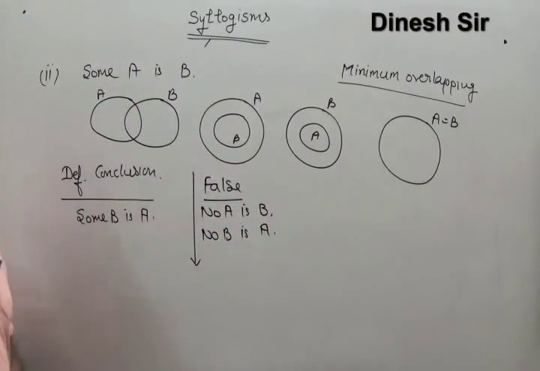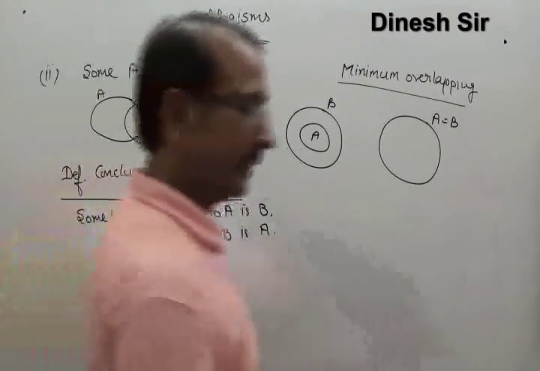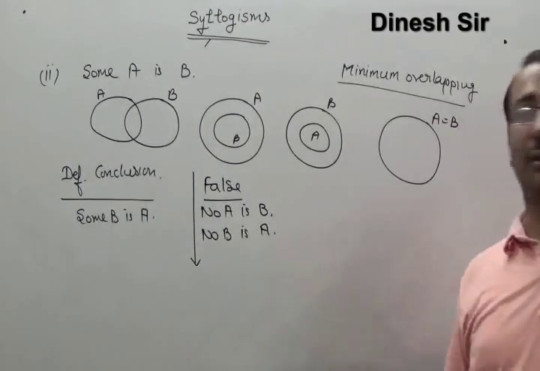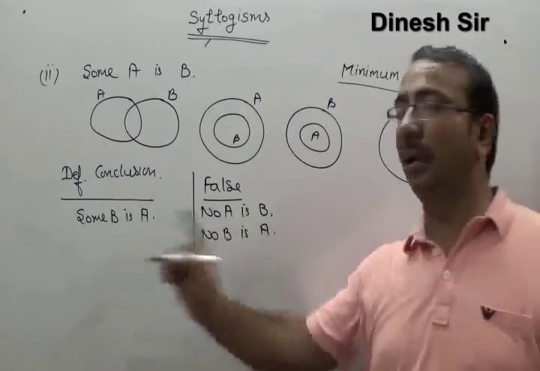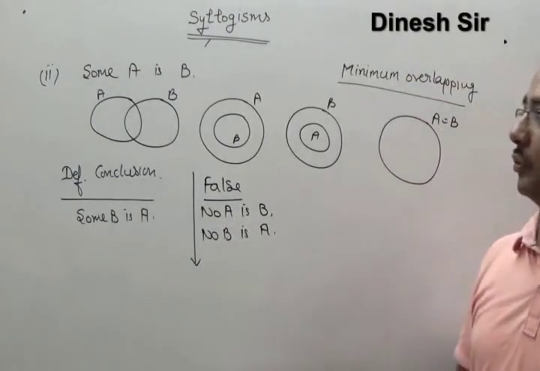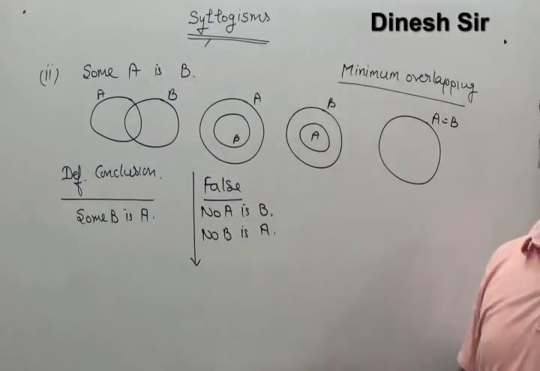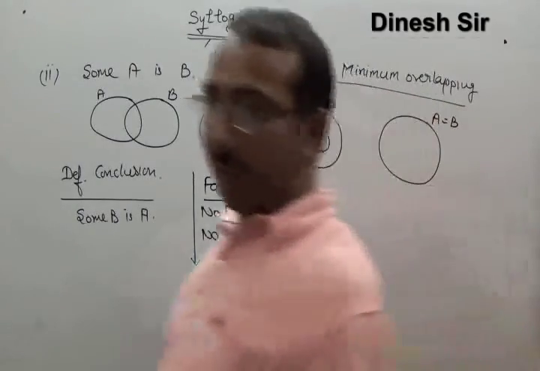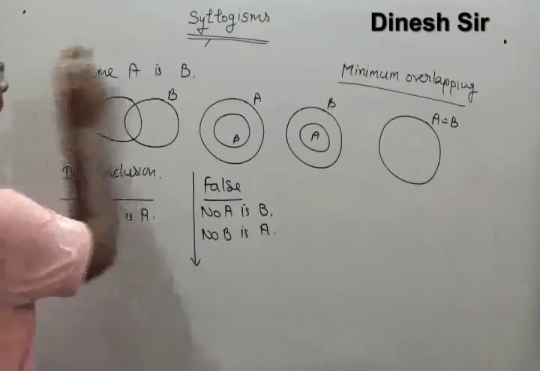I hope the idea is clear, right? So these two conclusions are definitely false, because when you say some A is B, that will always be false. On the other hand, this will always be right. Why is it right? Because some A is B. In all the four cases I can say some B is A. I hope it's clear. Then you have the third statement.